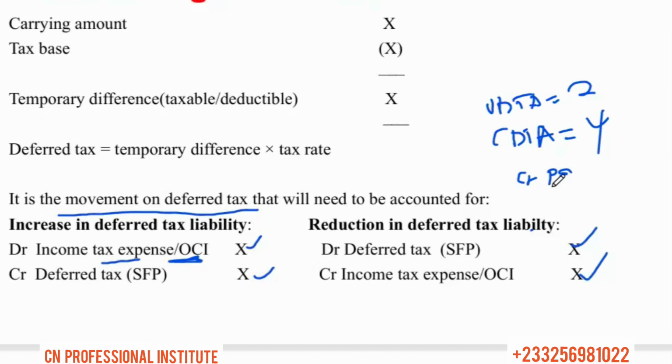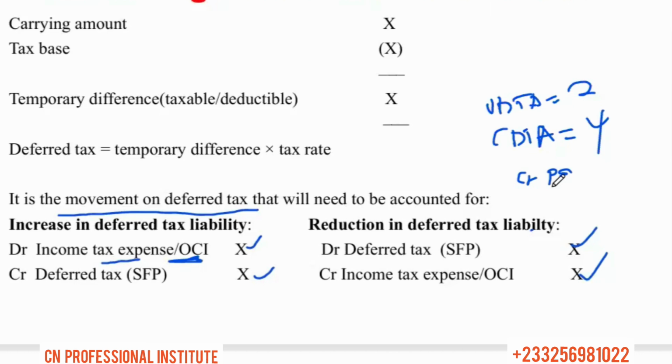If your deferred tax asset has reduced, take note, it's an expense. Let's say your opening deferred tax asset is 10 and your closing deferred tax asset is 4. Can you see that the asset has reduced by 6? Your opening was 10, closing 4, so your asset has gone down by 6.